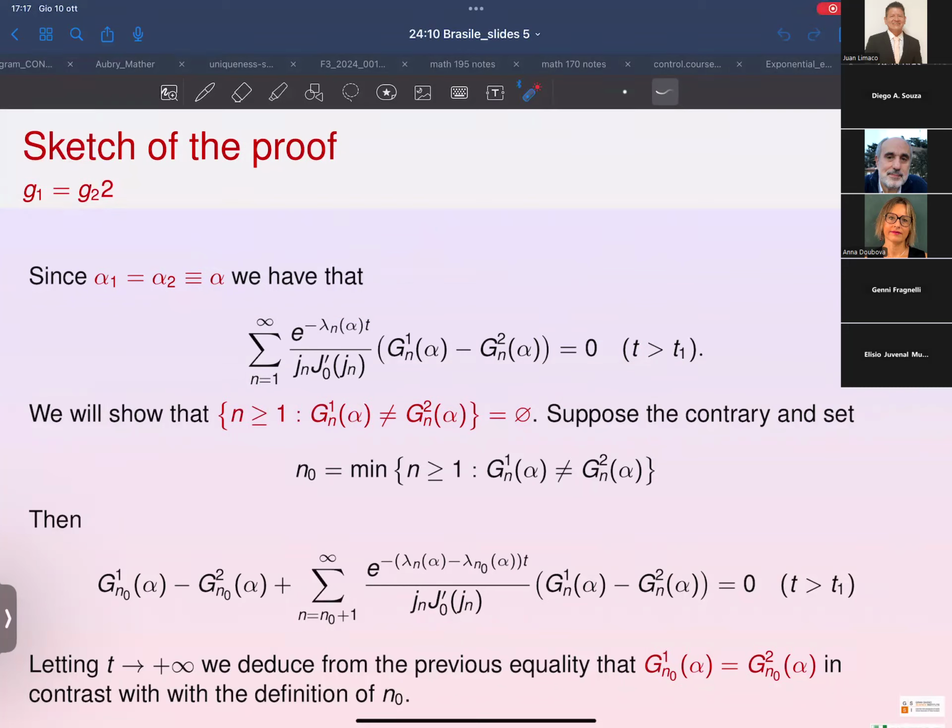For otherwise, you could take the minimum of the set and again establish an identity by dividing by the corresponding exponential at n0. You derive an identity in which then sending t to plus infinity, you lose this part, and you recover the fact that these two terms are equal, contradicting the definition of n0, because at n0 they should be different. So this is very natural.